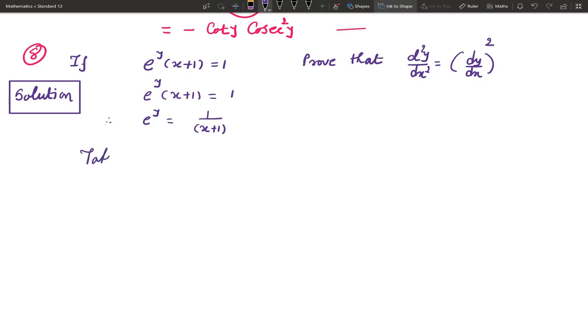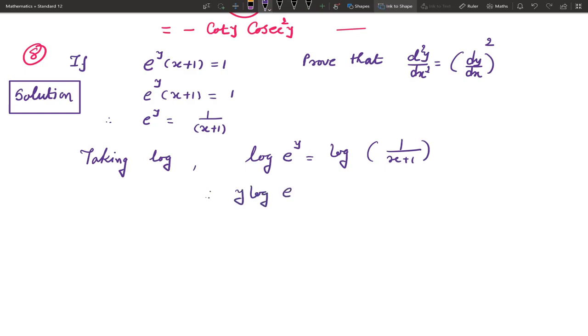Direct differentiation is also possible, but here, taking log, log e raised to y equals log of 1 upon (x plus 1). So this is y log e, with log e to the base e being 1. We have used this formula, log a raised to m is m log a. On the right hand side, log a by b is log a minus log b.